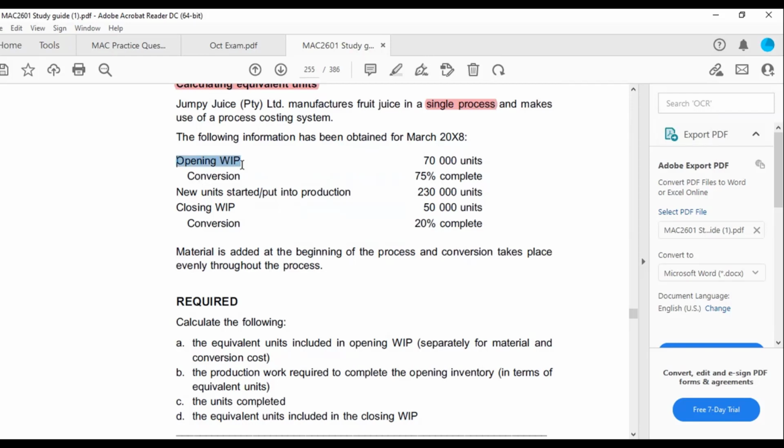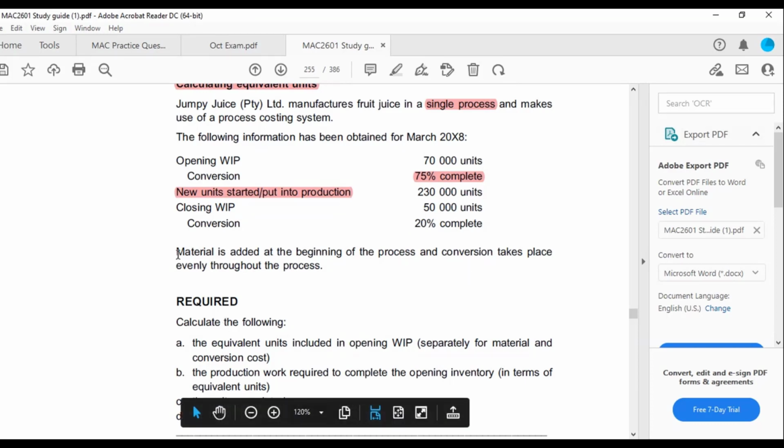You've got your opening WIP, 70,000 units. Their conversion is 75% complete. Then new units started and put into production are 230,000 units. Then you have closing WIP of 50,000 units, with a conversion percentage of 20% complete.